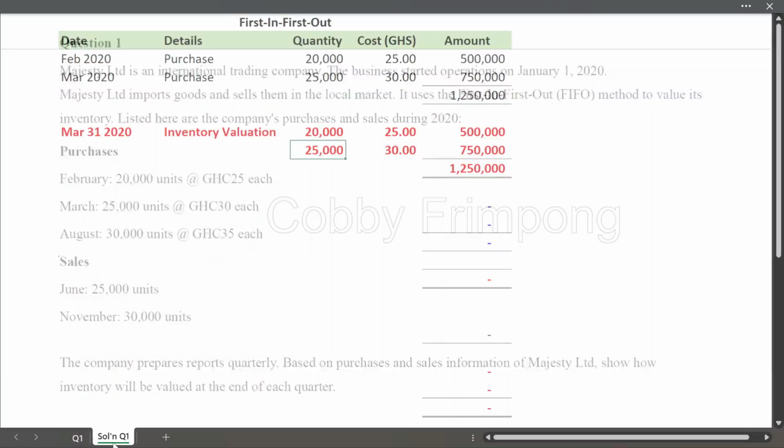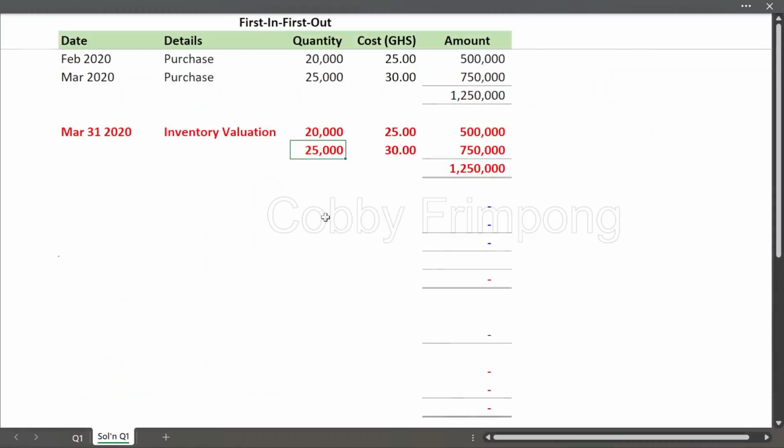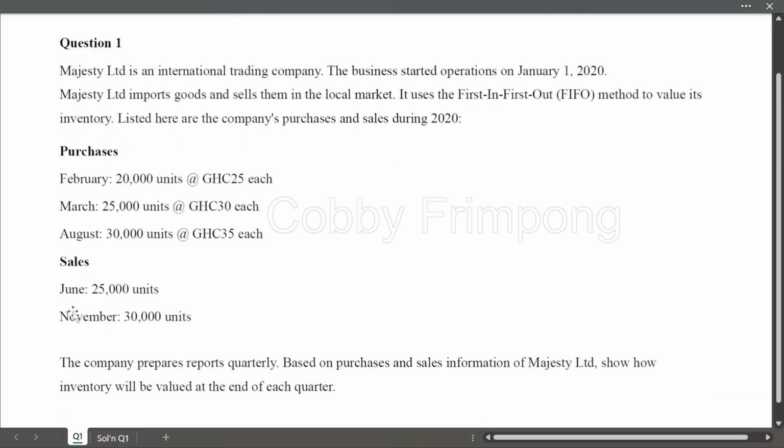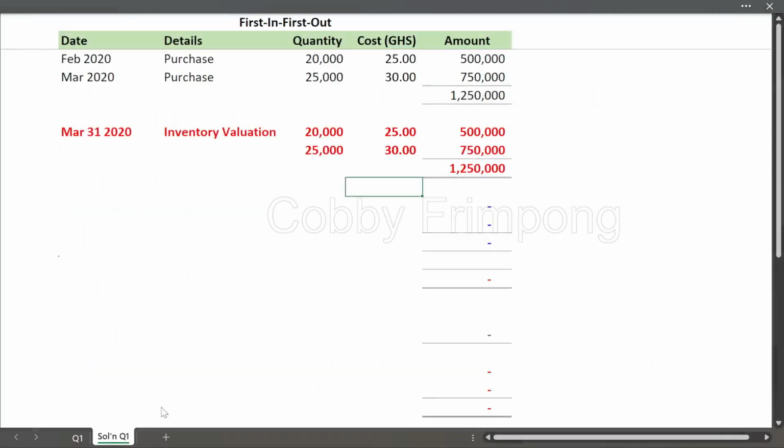That cost will be determined from the cost we already have listed. The sales transaction of 25,000 units will mean that we are first going to sell 20,000 units until it is all exhausted, and then we move on to the 25,000 units. Now let's have it set out.